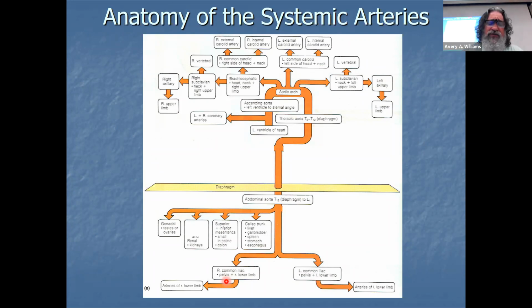So external iliac means out of that, superficial to that. The external iliac, a branch of the common iliac, leaves the pelvic cavity and serves the leg. So it's going towards the legs. The internal iliacs actually stay in the pelvic cavity. All right, does that make sense?